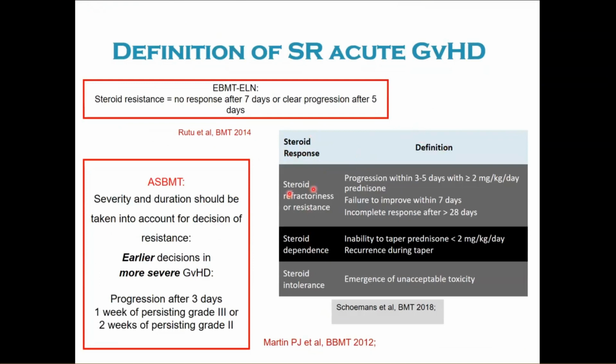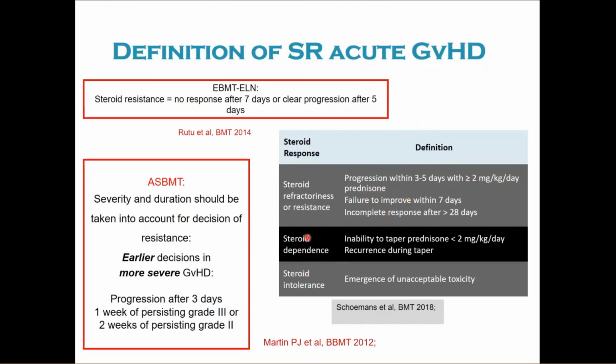Steroid refractoriness or resistance would mean a progression of acute GVHD within 3 to 5 days if the patient is on a sufficient prednisone or methylprednisolone dose of 2 milligram per kilogram per day, or a failure to improve, so no stable disease for 7 days, or an incomplete response after 28 days.